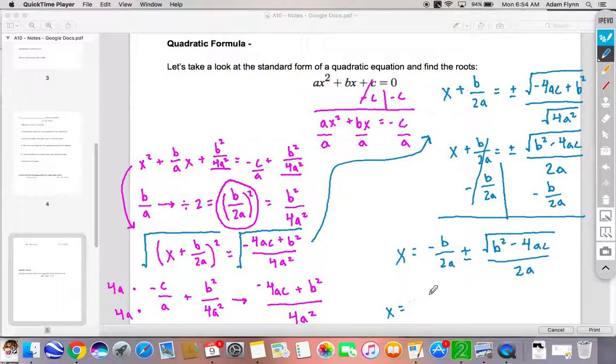So I know that x equals negative b plus or minus the square root of b squared minus 4ac all over 2a. And it turns out this right here is my quadratic formula.